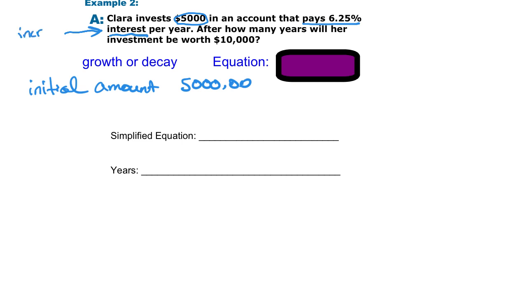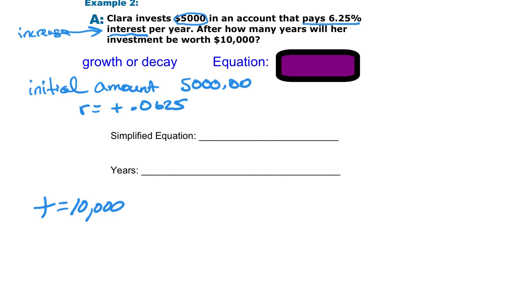So that's an increase. So our r value is positive 0.0625. Okay, it says how many years will her investment be worth $10,000. So I'm going to want to plug 10,000 in for the amount.